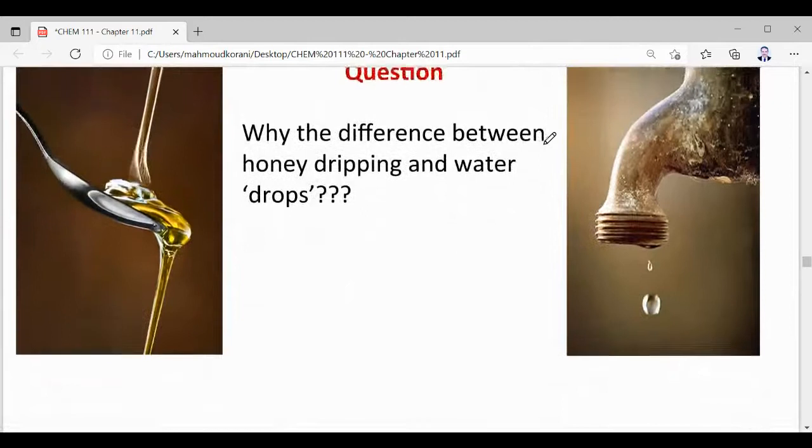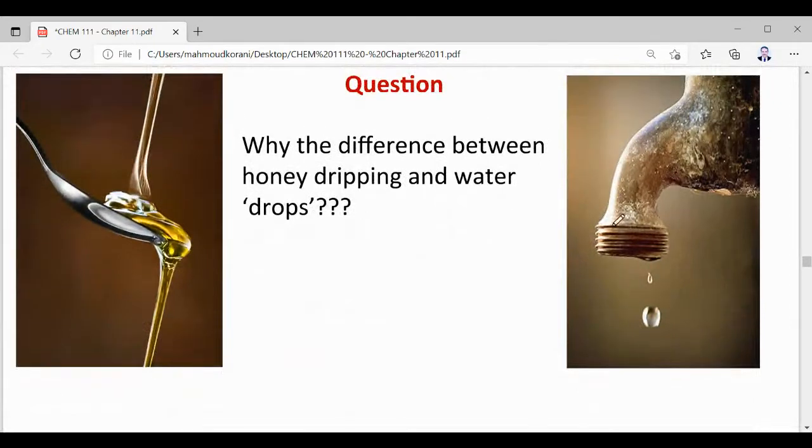Have you asked yourself why the dropping of water looks like that one, and the dripping of honey looks like this? Actually, it's very simple.